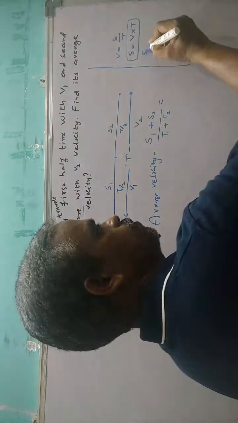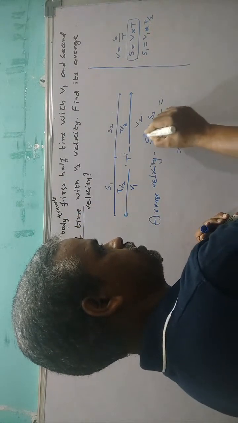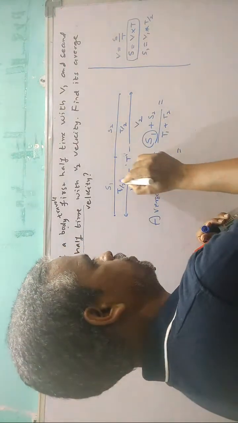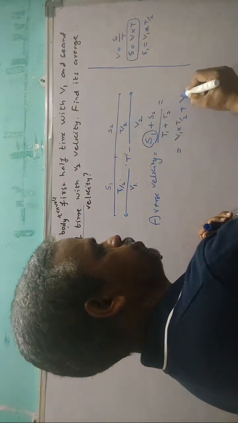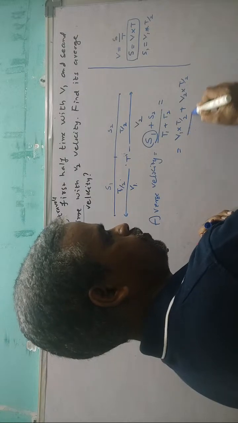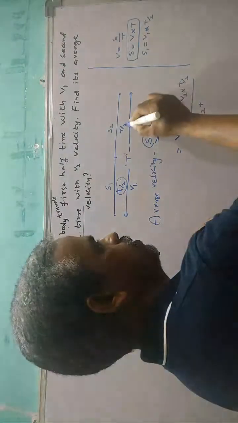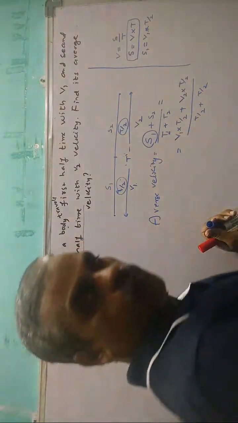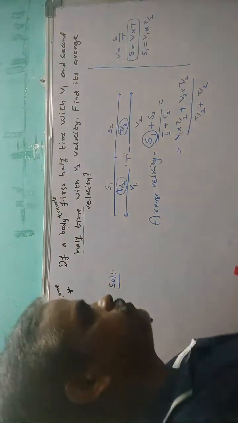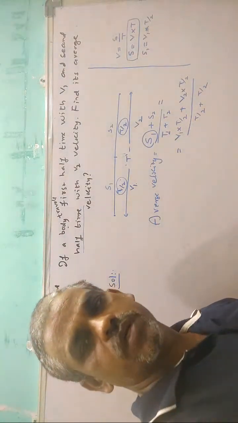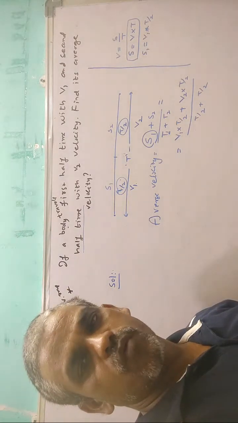So for s1, v1 into t by 2. Substitute s1 equal to v1 into t by 2, plus s2, v2 into t by 2, by t1 t by 2, t2 t by 2. Okay, up to here first you write. You will get one more formula here.